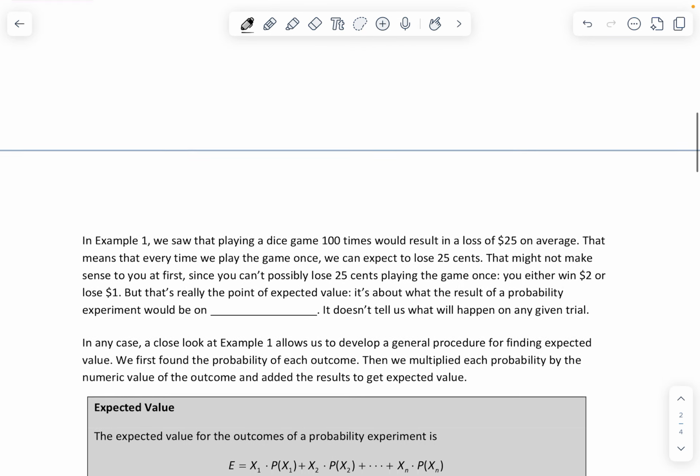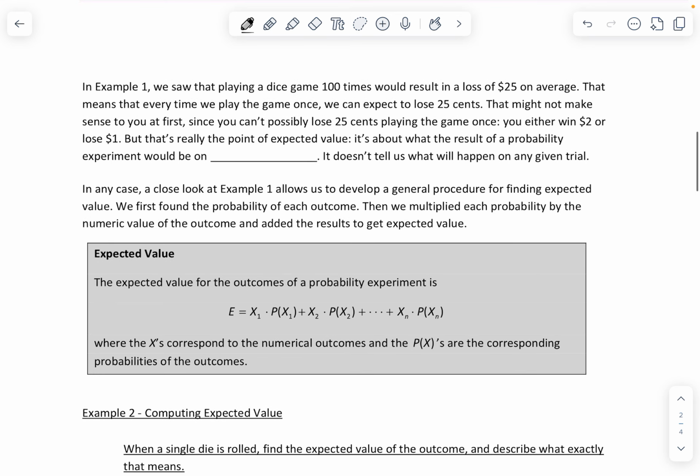Now, in example 1, we saw that playing a dice game 100 times would result in a loss of $25 on average. That means that every time we play the game once, we can expect to lose 25 cents. That might not make sense to you at first, since you can't possibly lose 25 cents playing the game once.